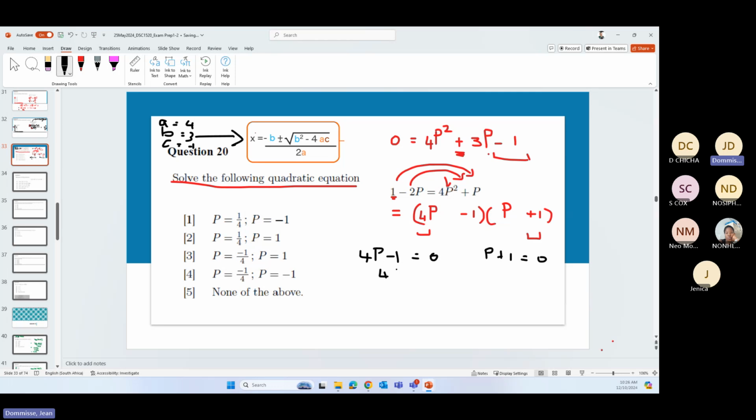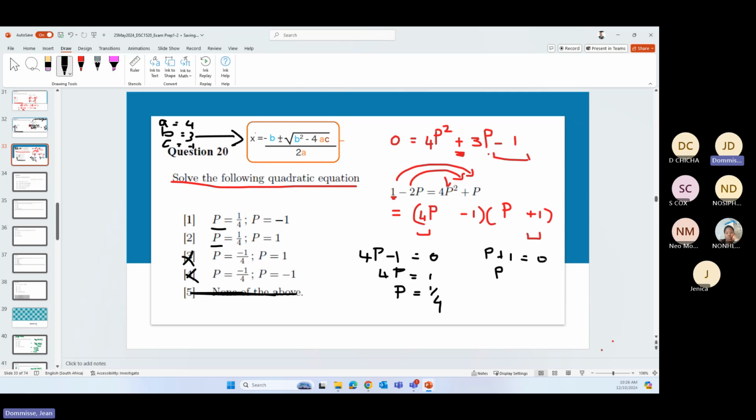So 4p is equal to plus 1, p is equal to 1 divided by 4. See, that one is working, that one is not, and that we just cancel.